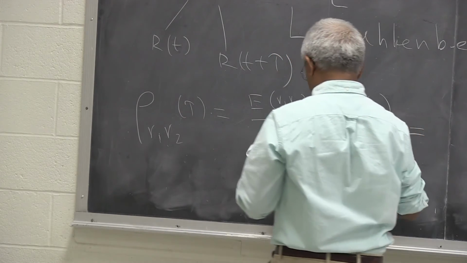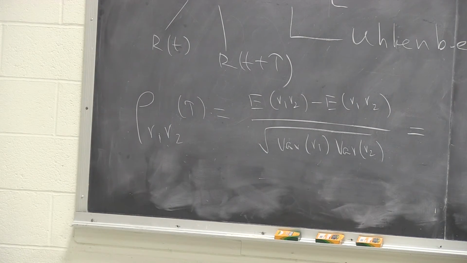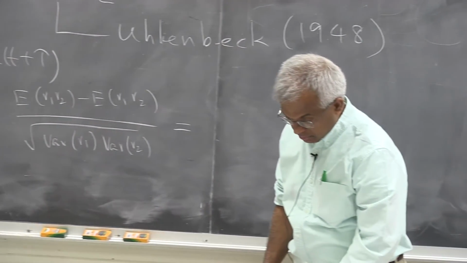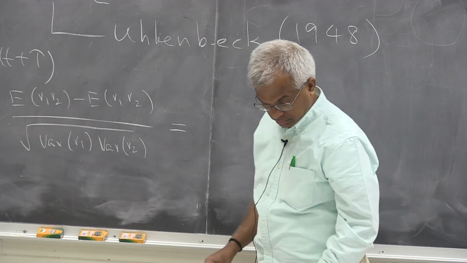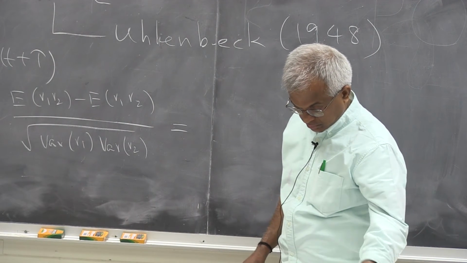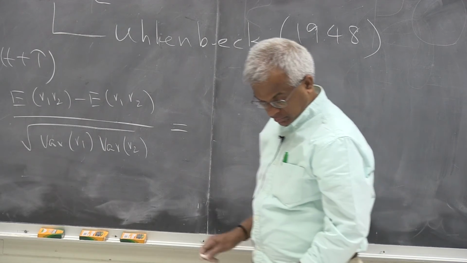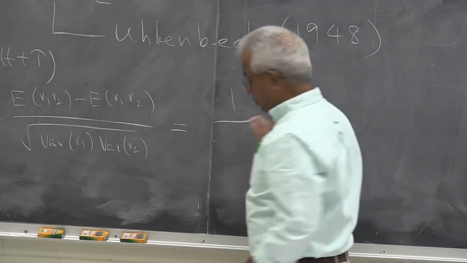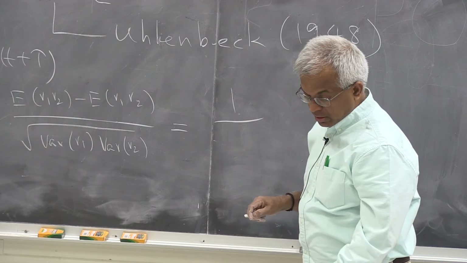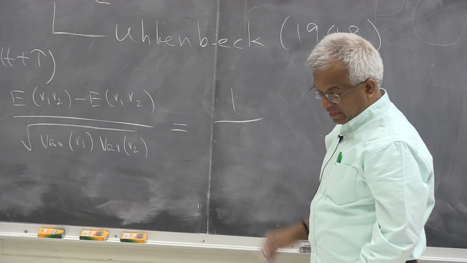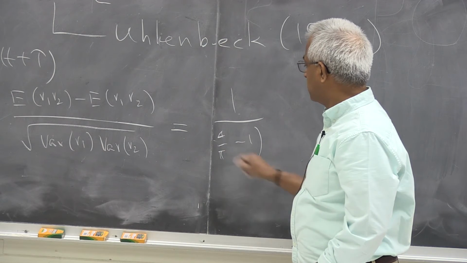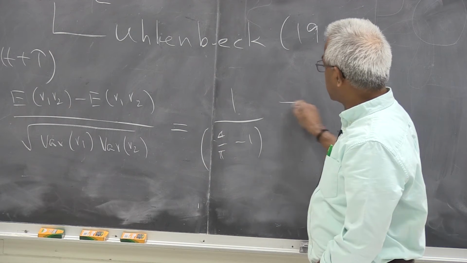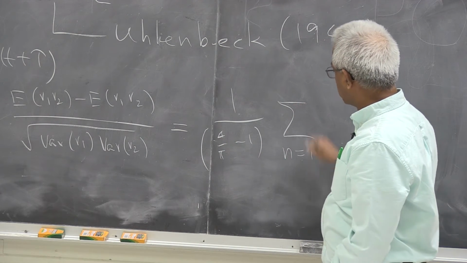So this will turn out to be, because the variance is for Rayleigh, so you substitute that, so the exact expression is like this.